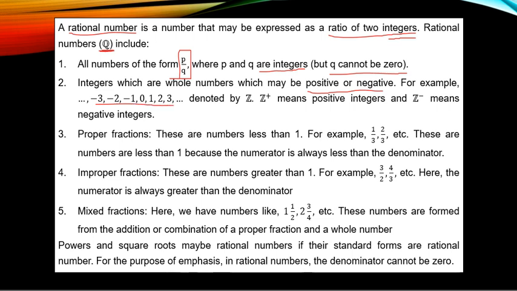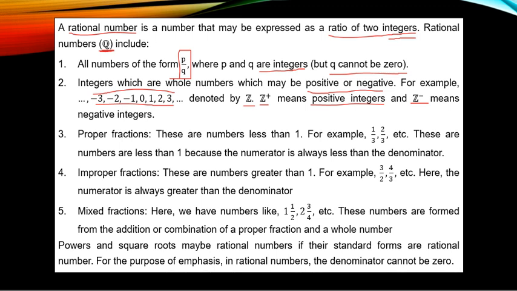They are integers, denoted by Z. When it has a power of positive, it means positive integers. When it has a power of negative, it means negative integers. So any number in this form is also said to be a rational number.